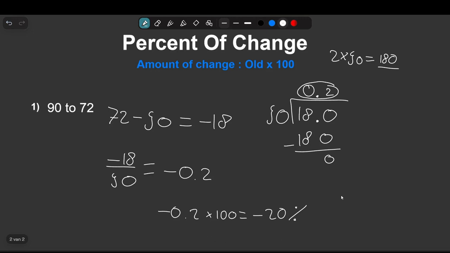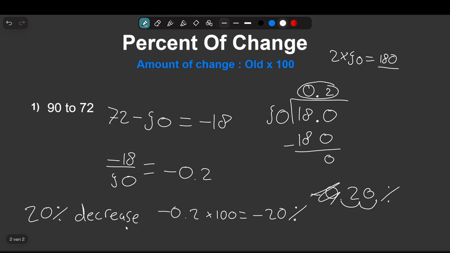Or we do it with this method by just moving the decimal place over to the right 1 and 2 times. And if the decimal is right here, we know that there's a 0 right here. This will disappear, and again we will have the same exact answer. So our final answer of the second example will be 20% decrease.